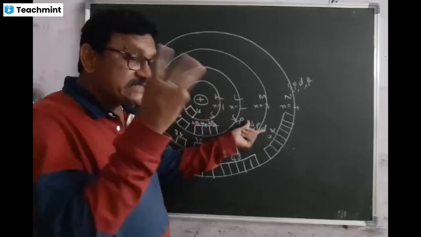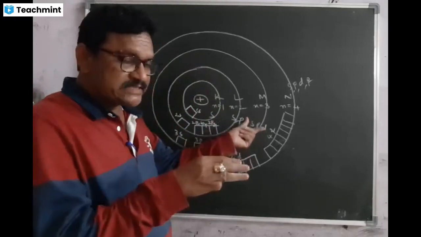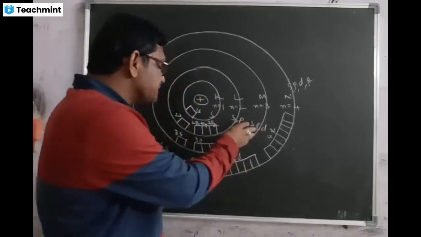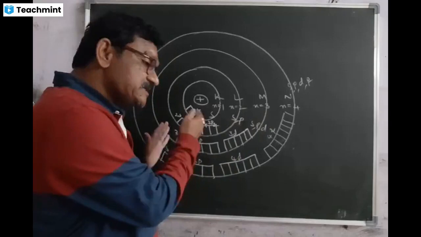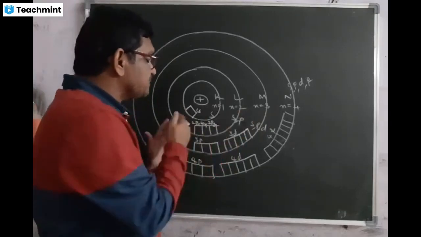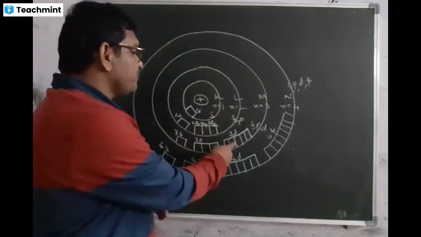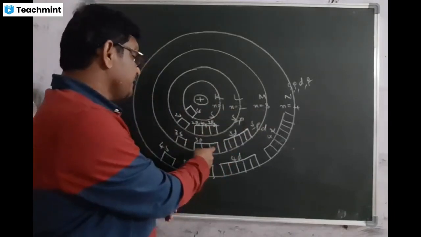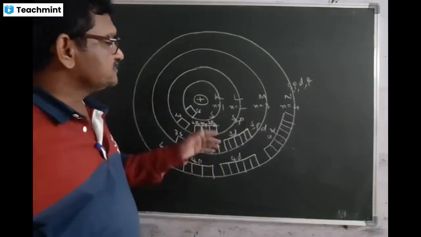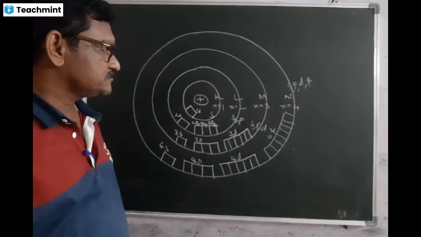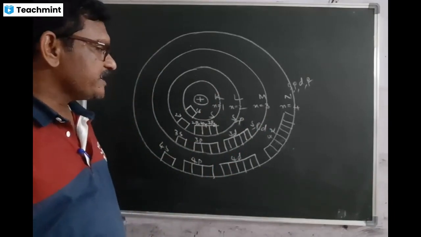Third shell contains 3 subshells. The s subshell contains 1 s orbital, the p subshell contains 3 p orbitals, the d subshell contains 5 d orbitals. 5 plus 3, 8 plus 1. That means here 9 orbitals.